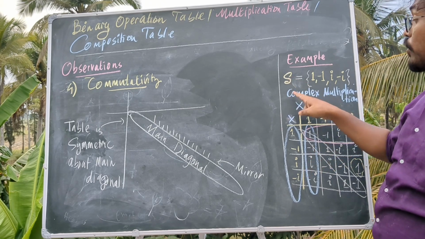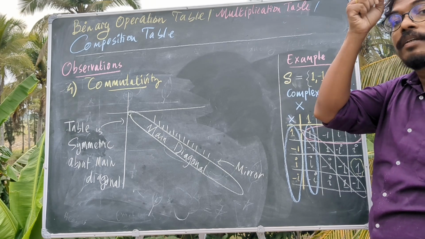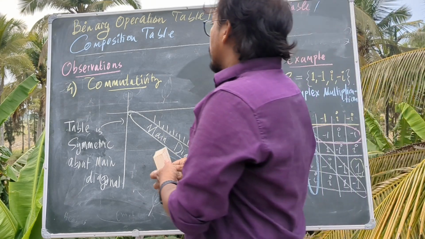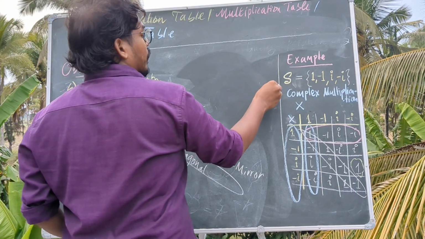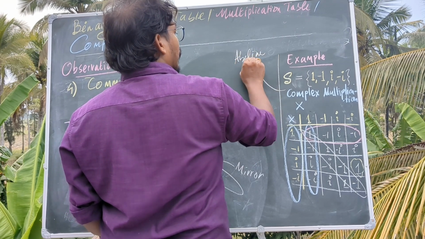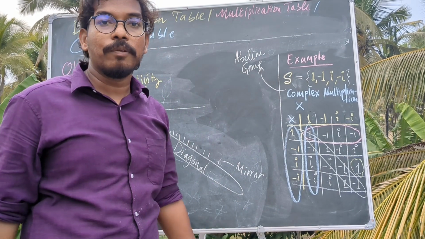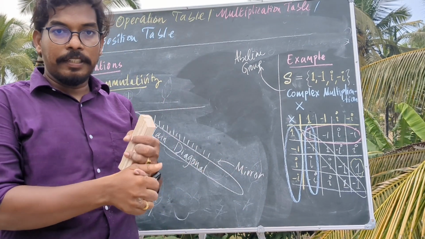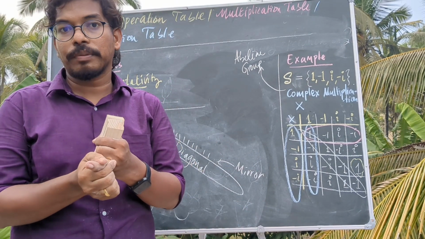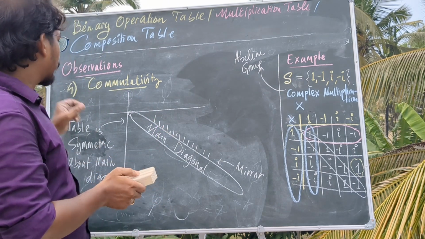So this set under this operation is an abelian group. From the operation table I can check identity, inverse and closure property. For associativity I have to work extra.